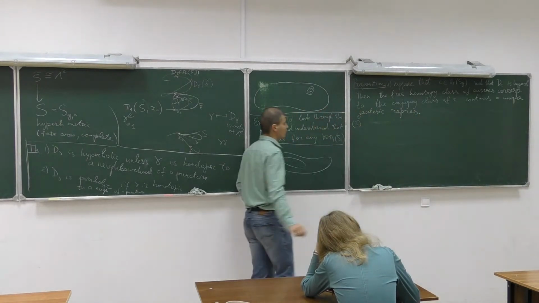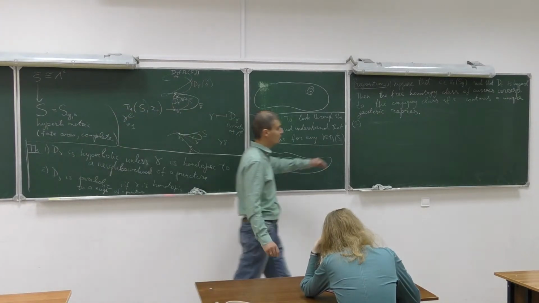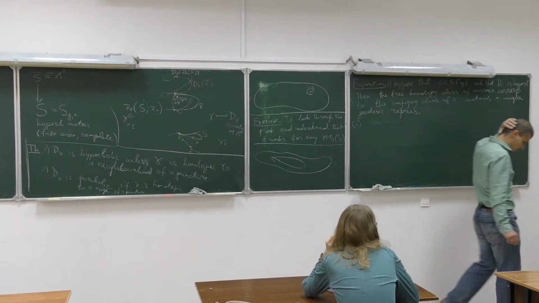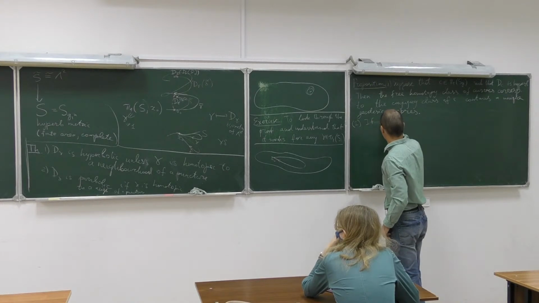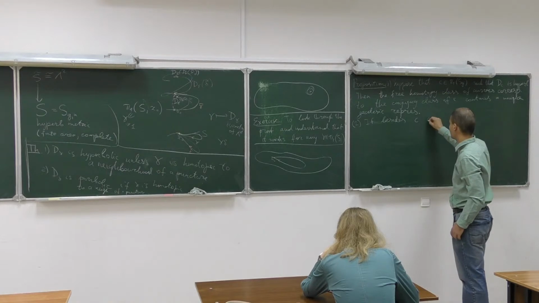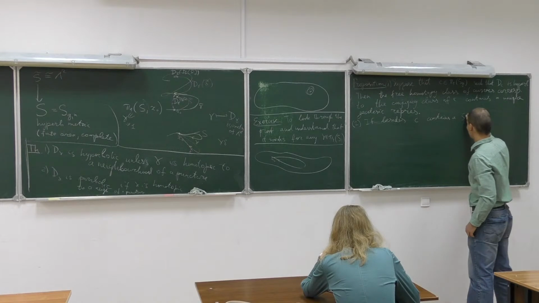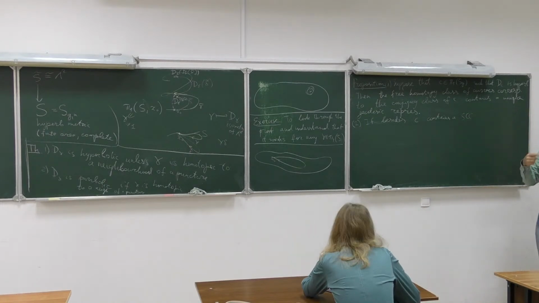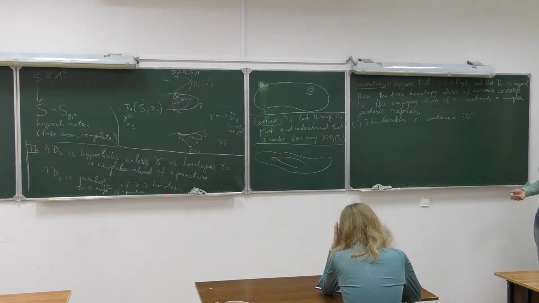is that, again in this situation, if besides C contains a simple closed curve, so if this homotopy class can be represented by a simple closed curve, then this geodesic representative is again a simple closed curve. So this also should be proved.